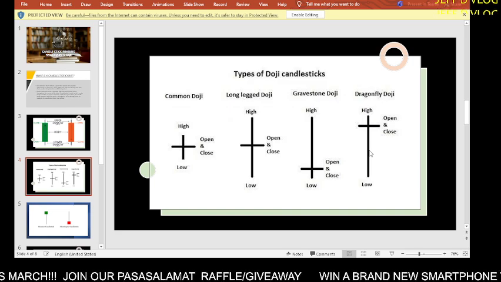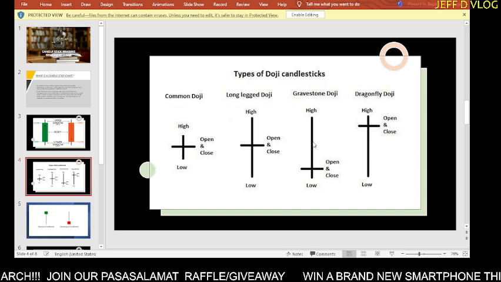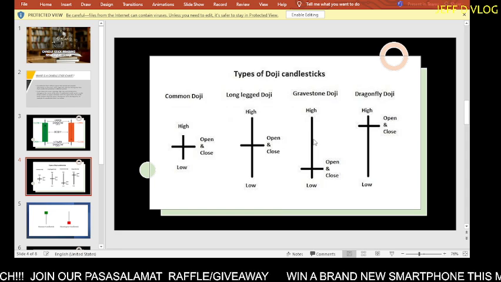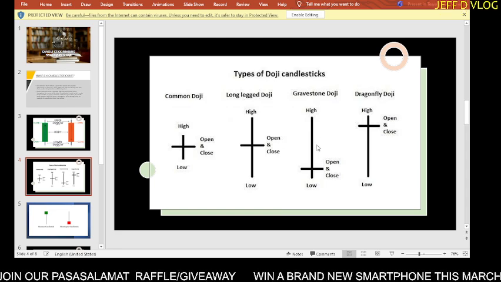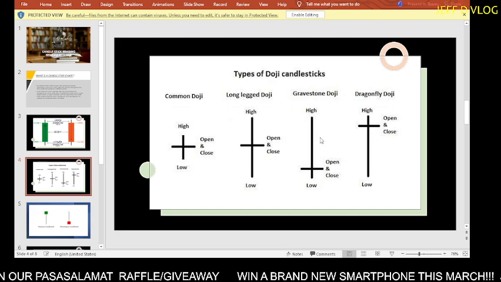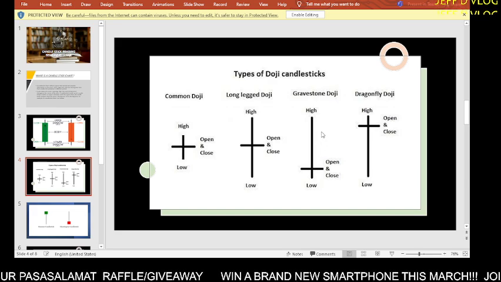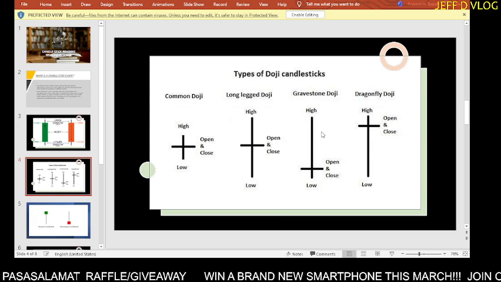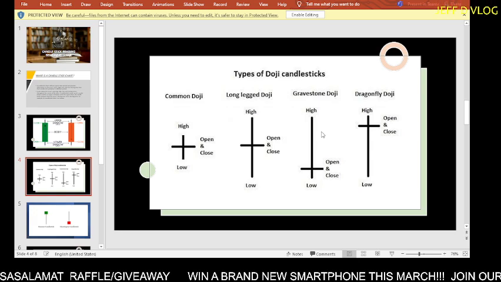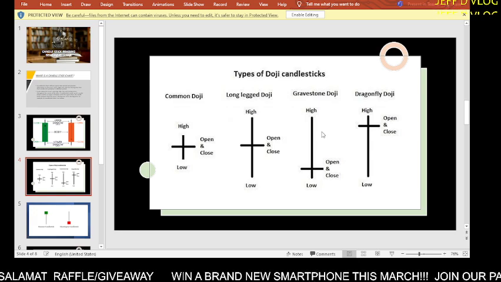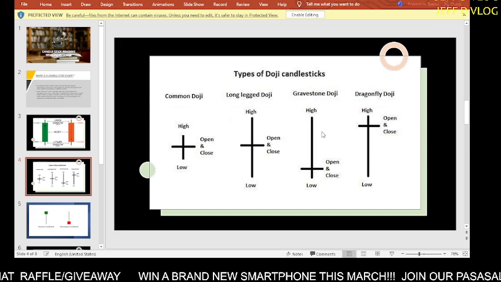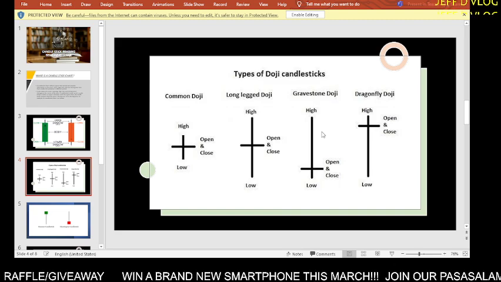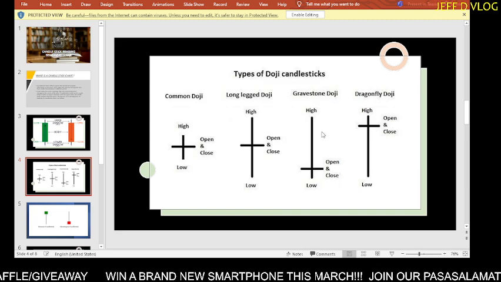So we have the Gravestone Doji. The Gravestone Doji has a long, thin line on the upper part. That indicates that the higher price was rejected in favor of the lower price, and it indicates a negative.